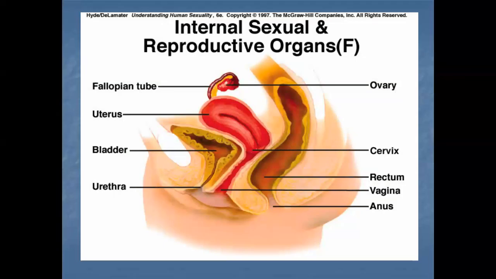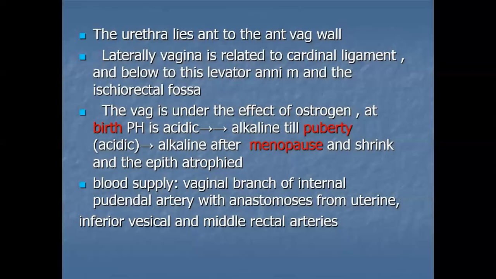This picture shows you the anatomical position and shape of the vagina. The urethra lies anteriorly, opening into the vaginal wall. Laterally, the vagina is related to the cardinal ligaments or cervical ligament, and below it, the levator ani muscle and the ischiorectal fossa. The vagina is under the effect of estrogen.